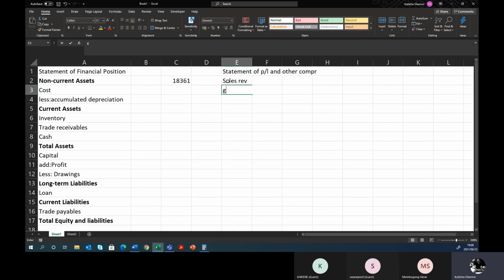I'm going to do it a bit differently, otherwise I'm going to fumble on my words. I'm going to do it the way I'm used to, gross profit. I want to add other incomes and all that stuff, but I'm going to add them as I go.